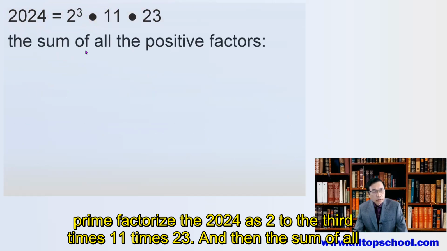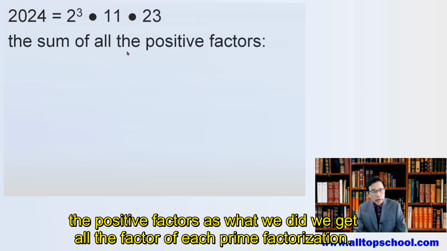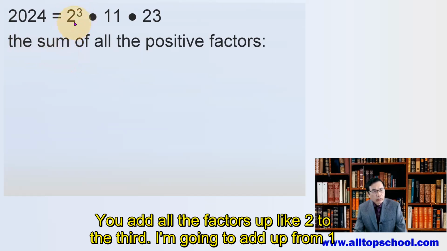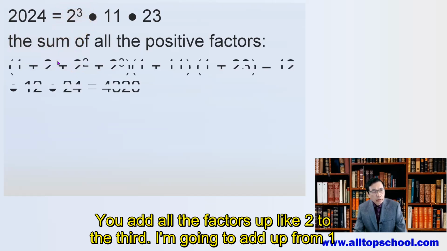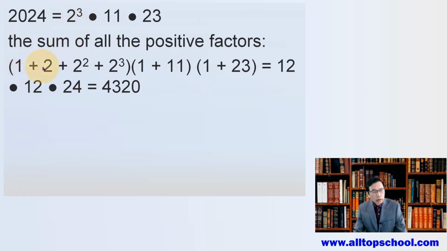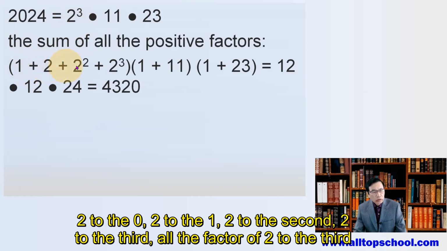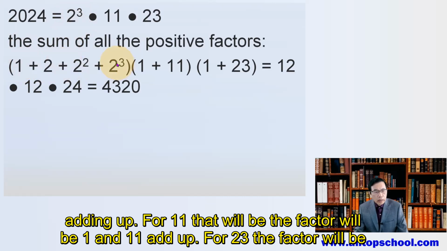And then for the sum of all the positive factors, as we did before, we add up all the factors of each prime power. For 2 to the third, we add 1, 2, 4, 8.